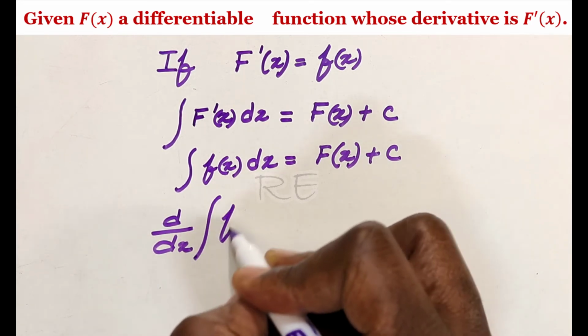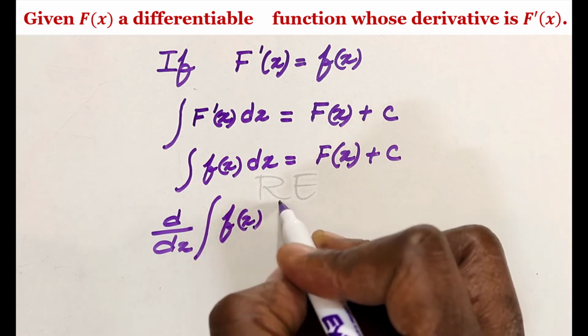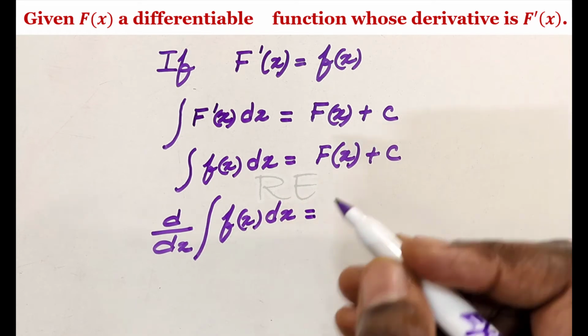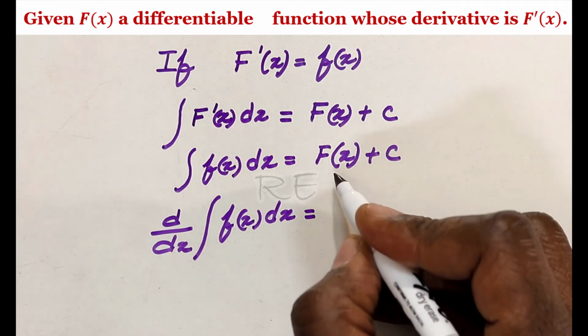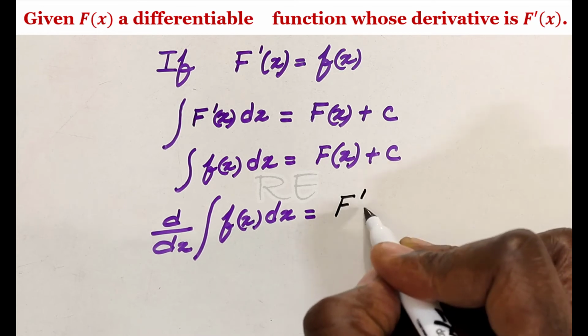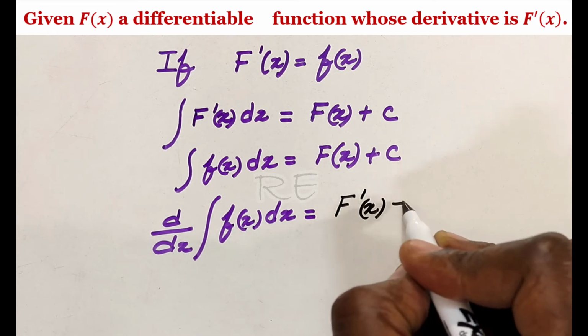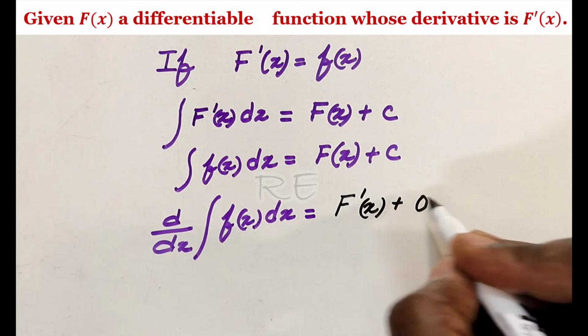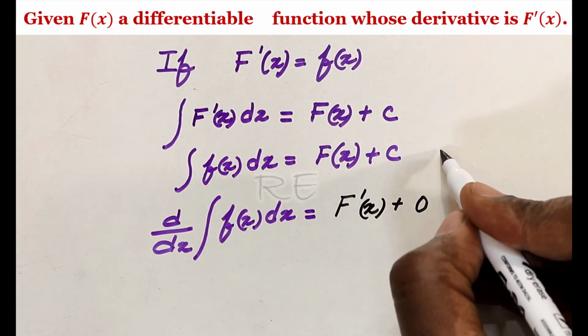Then we'll take the derivative of the antiderivative of f of x dx. We undo what we just did, which will be equal to the derivative of uppercase F of x, which is F prime of x, and the derivative of C, which is 0.